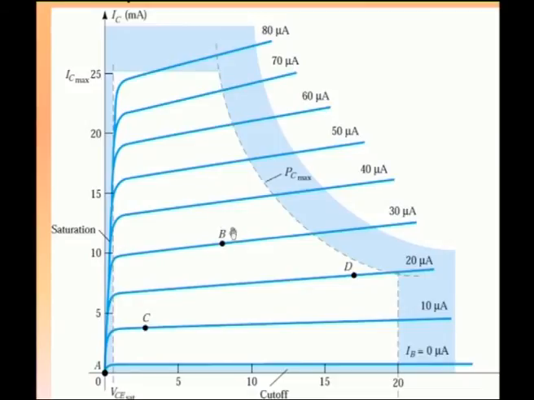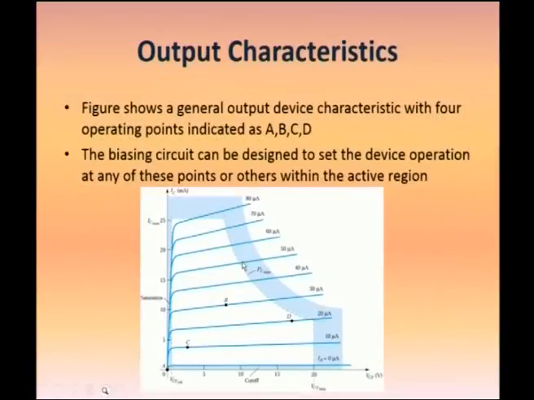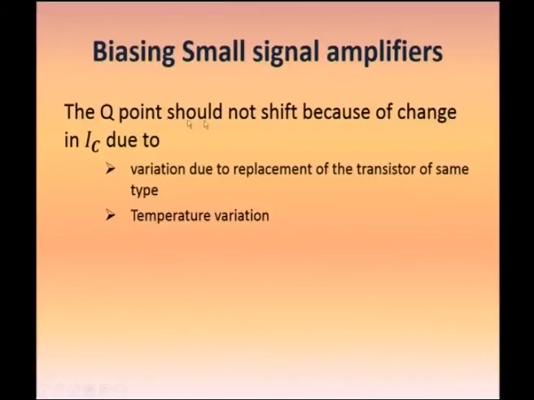And if it has to be fixed, we have to keep in mind that the operating point should not shift because of a change in IC, and this collector current IC will change when you change the transistor or when the temperature changes. So, what will happen if these two conditions arise?